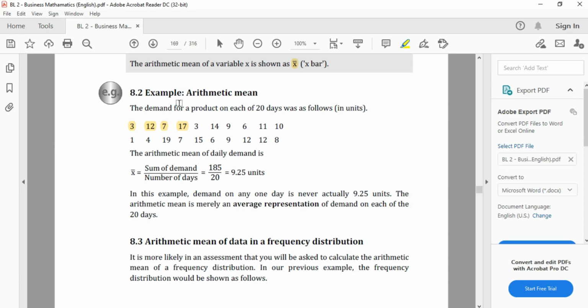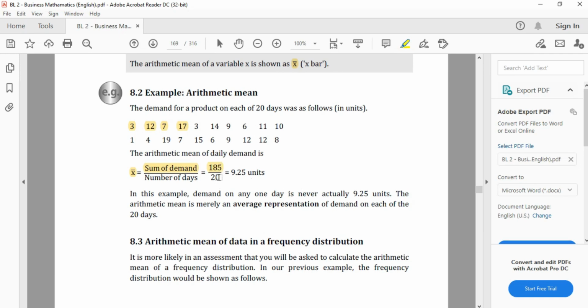What you do then? Put the mean sign, which is X bar, equals sum of the demand, which is 3 plus 12 plus 7 plus 17 plus 3 plus 14 plus 9. If you take the total, it will equal 185.